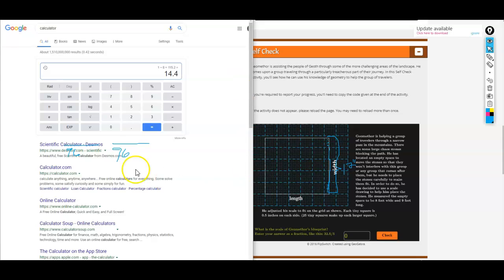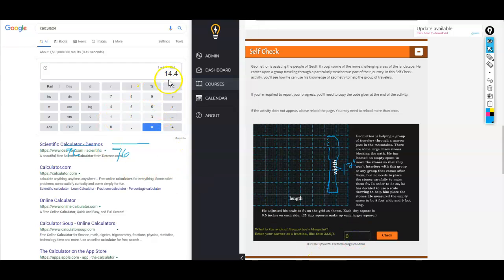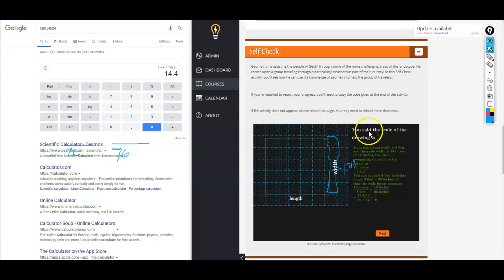So if you come up to your calculator, actually it's wanting a fraction, so you can just type in 12 divided by 96. And if you click check, it says you said the scale of the drawing is 1/8. And then it steps us through exactly what we did.